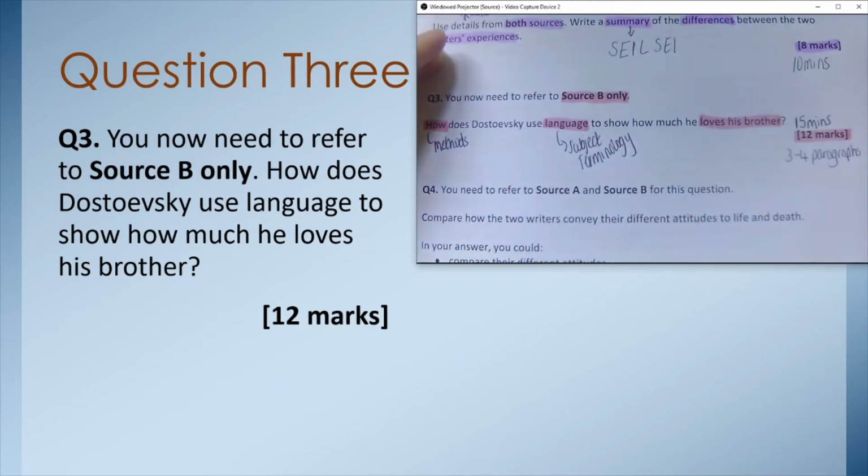Now, the exam board say that you do not require techniques, subject terminology or methods in your response to gain high marks, but something that my teacher always used to tell me when I was doing my A-level: if you know a technique, you may as well show that off to the examiner. It means that you are also writing in a more academic way and to a more academic standard, and it gets you into that habit.